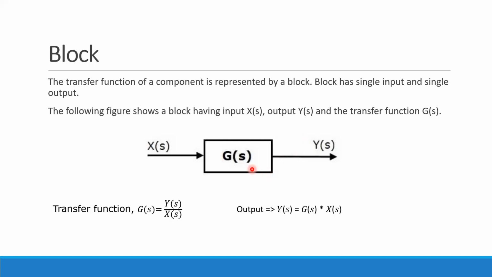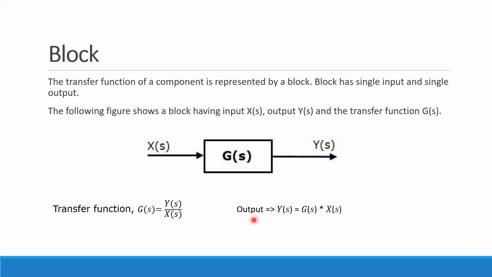Suppose there is a component, any component, and you know the transfer function of that component, and you know the input. Out of these three values, you have input and transfer function, so it is possible for you to calculate the output.